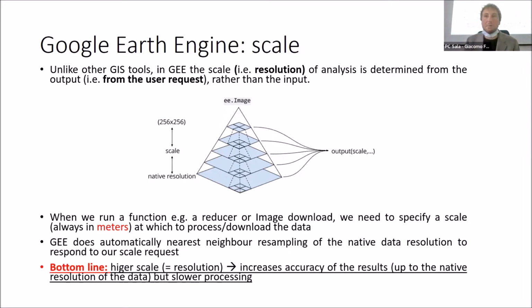We can request a very tiny and fine scale, and this means that they will be very precise, or we can use a coarser scale, but this will mean that they are more approximated. But this has a trade-off with speed. The higher the scale you want, the more precise you want the calculation to be, the slower the process will be.